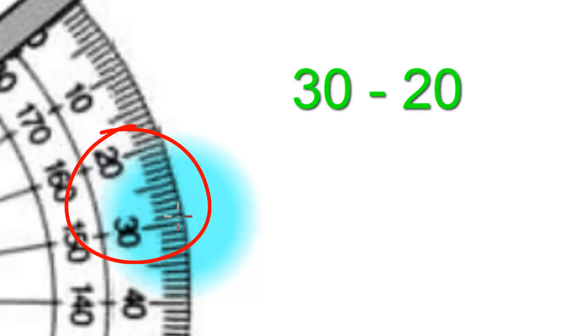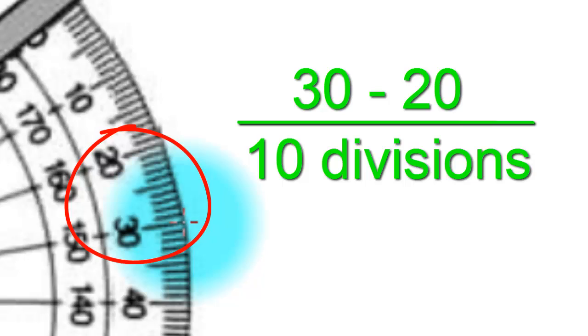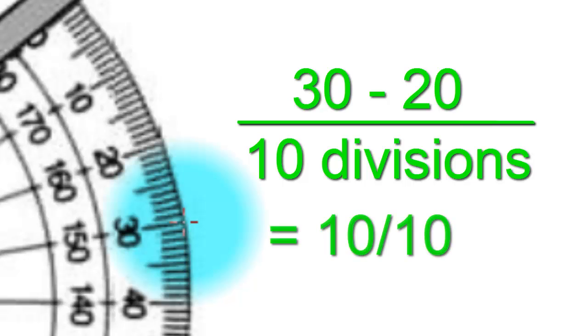You minus them, so 30 minus 20, and then divide by how many divisions between the two points. In this case we have 10 divisions, so 30 minus 20 divided by 10. So what do you get? 10 divided by 10, so you get 1. So no decimal place, so no need to write the decimal place.